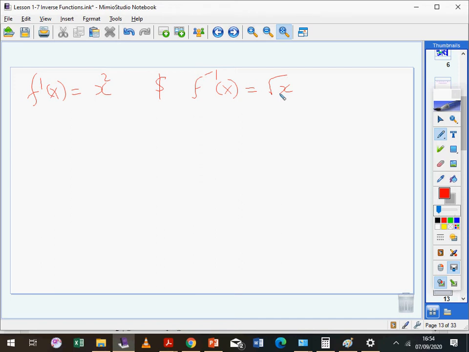If I try to draw these two graphs, and I'm only going to draw this over the domain 0 to infinity. If I draw the graph of y equals x, it's going to look like this. However, if I draw the graph of y equals square root of x, I hope you remember from the parent function, that graph is going to look like this.